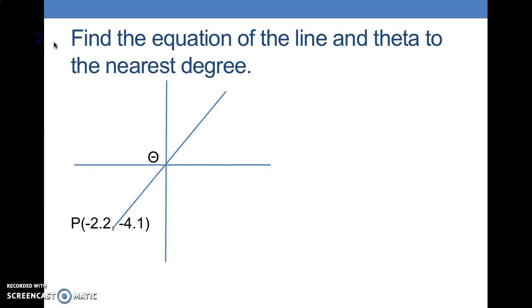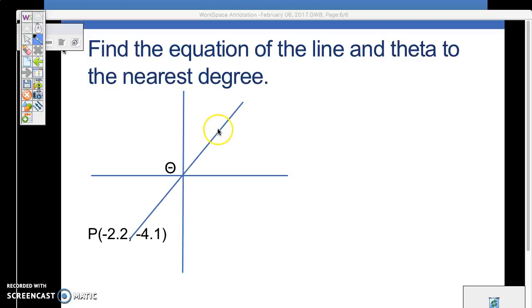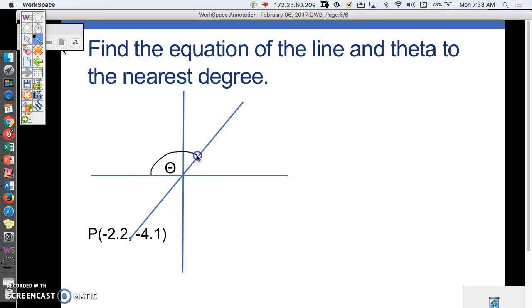So the next one, we need to find the equation of the line and theta. Theta is just talking about that measurement right there. Find the equation of a line passing through the origin again. So in y equals mx plus b, this is going to be 0. If we were to make this into a right triangle, negative 4.1, negative 2.2.